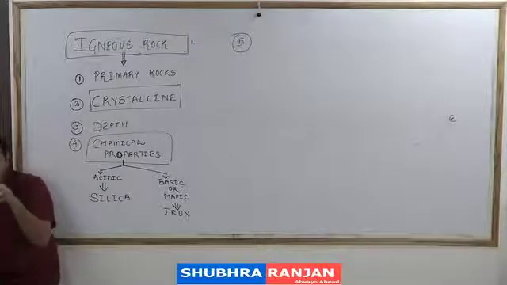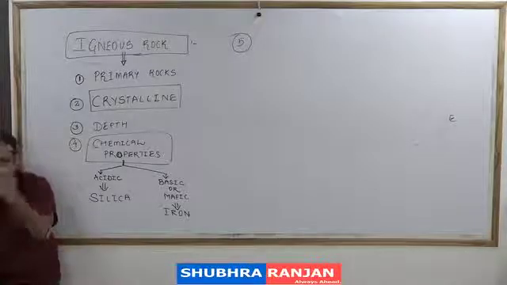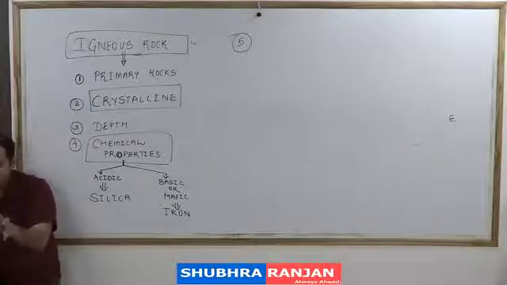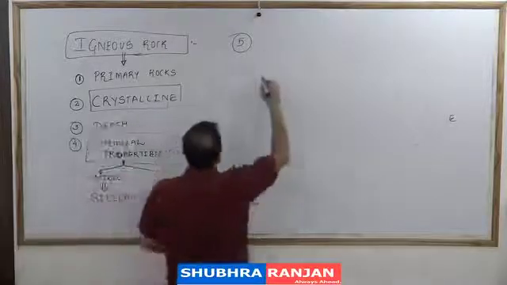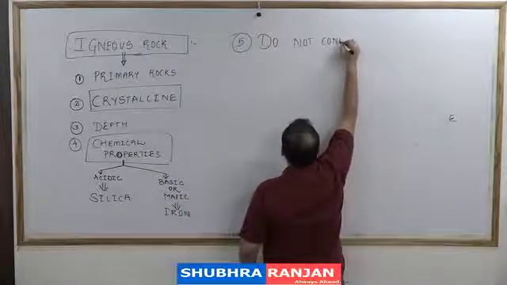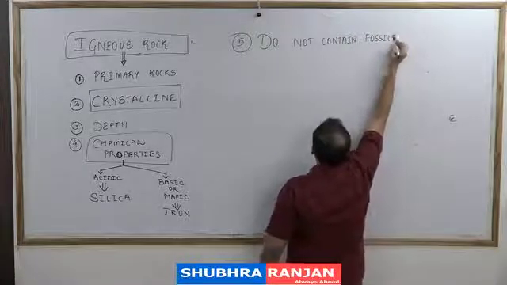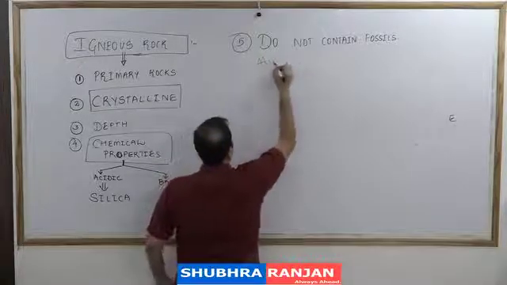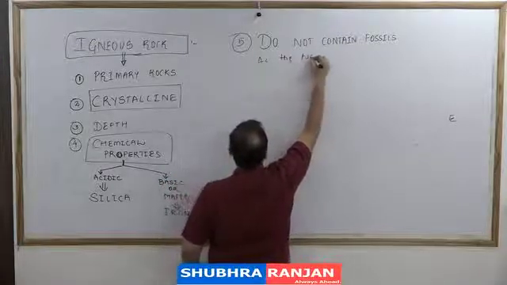Because when these formed, firstly there was no life. Secondly, if they form today, suppose we are the fossils, after 6000 degrees Celsius will anything remain? No. So because of high temperature, the fossils are destroyed. So remember, they do not contain fossils. Fossils are found only in the sedimentary rocks, as the high temperature destroys the fossils.